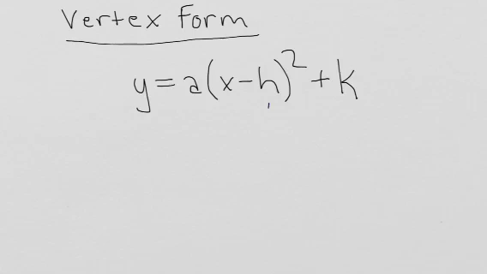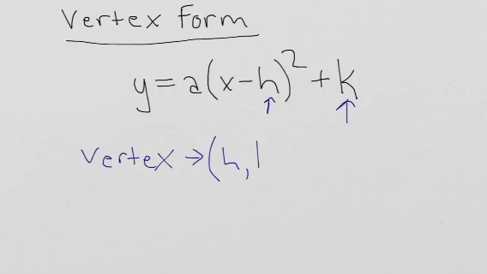The h and the k are our vertex. So our h is our x value of the vertex, and our k is our y value of the vertex. The h will always be opposite of what it is in the vertex.